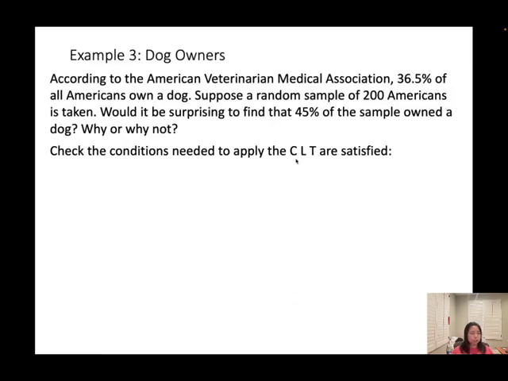Example 3. I want you to try to do it by yourself. Check the conditions for the CLT, find the standard deviation, and look at number 3, what they are looking for.